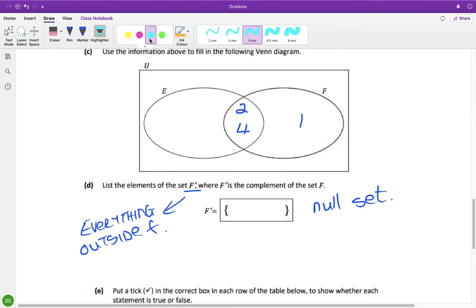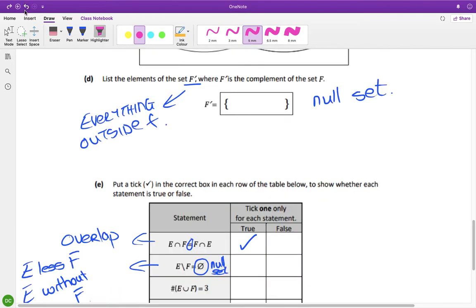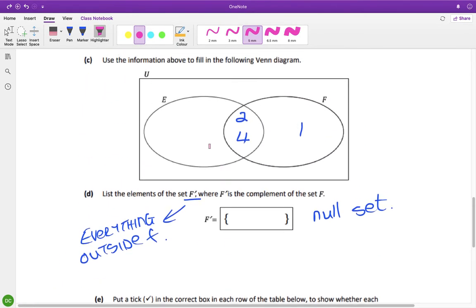Let me go back there a second. Okay, I'm going to start with set E and shade it in as best I can.